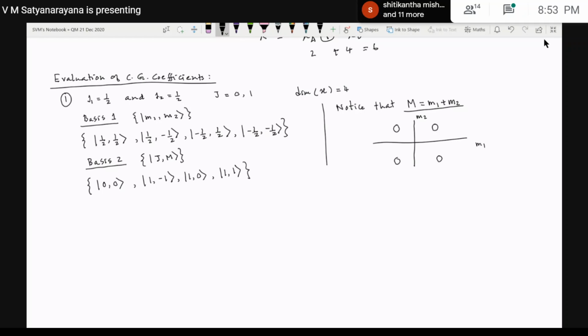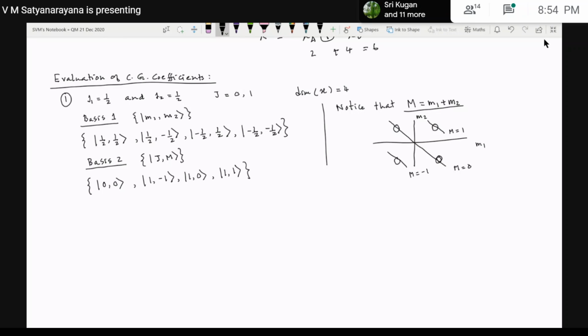So I draw a line; this is the only line that satisfies capital M equal to 1. Capital M equal to 0 can be satisfied by these two points, and capital M equal to minus 1 is satisfied only by this one. So in terms of points that satisfy given values of M, I can do it like this.